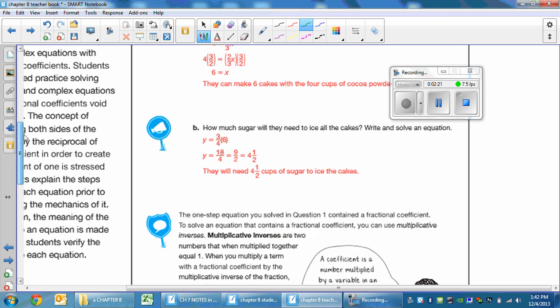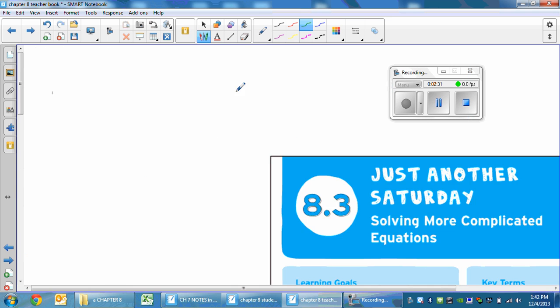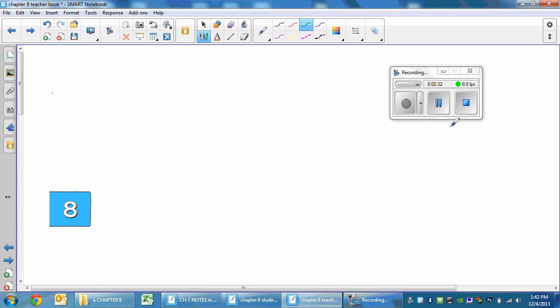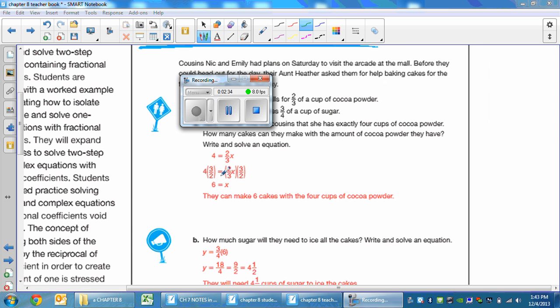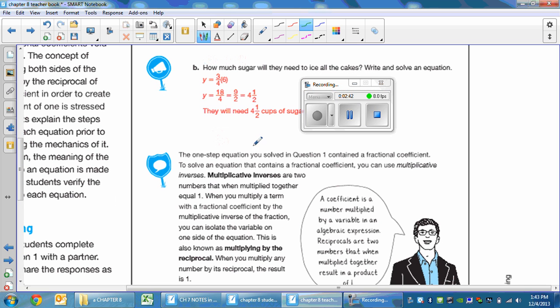The one-step equation you solved in question 1 contained a fractional coefficient, meaning the number next to the x up here. So we had 2/3 x, so sometimes we'll have 5x. Whatever's before the x is called the coefficient, and this time it happens to be a fraction.